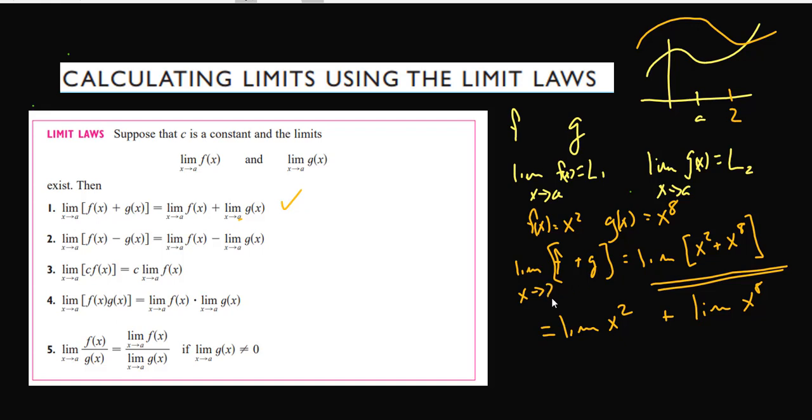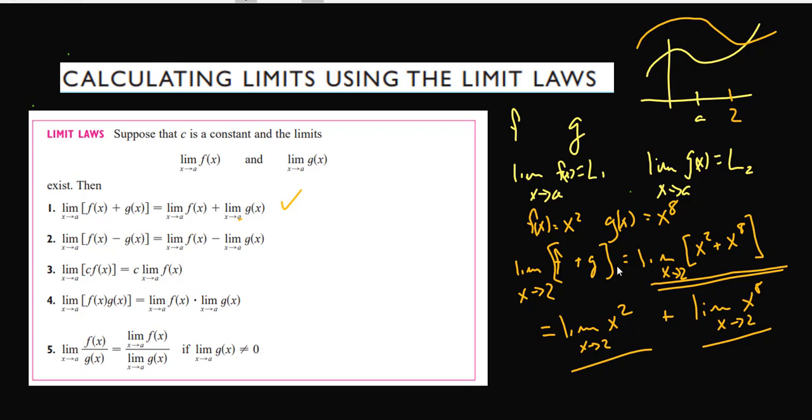So then the limit as x goes to 2 of this, we can do it like this. Now, we can do it like this means you don't have to do it like this, but you have the option of doing it like this. So if this turns out to be easier than this, you can do it this way. That's the idea.